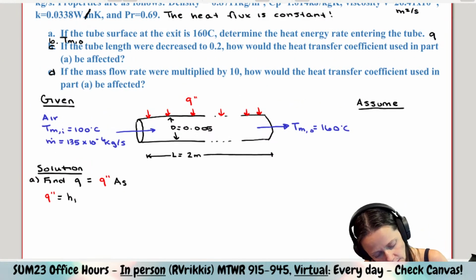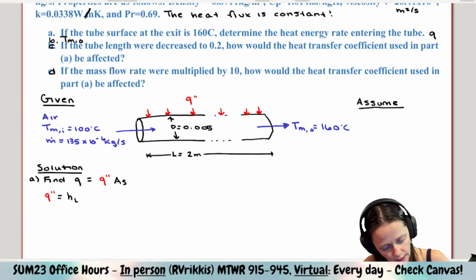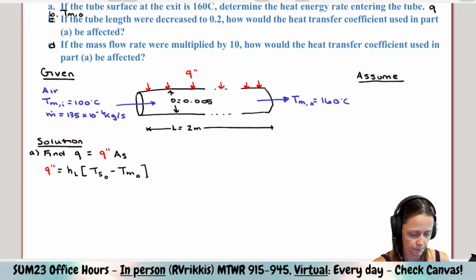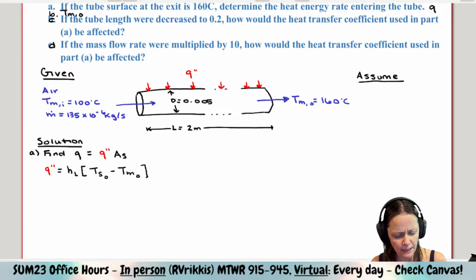So this is h_L, times T at the temperature of the surface at the outlet minus T mean at the outlet. All right. So I'm going to need to find the mean temperature at the outlet, obviously. But yeah, let's kind of divide it up.